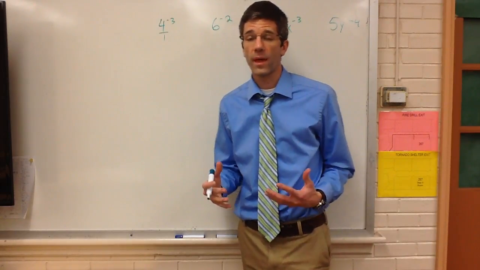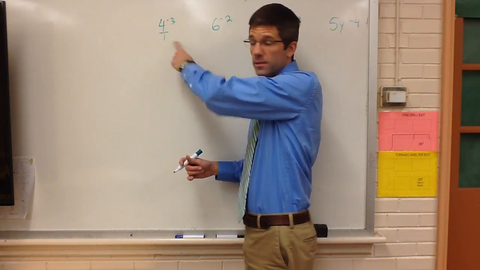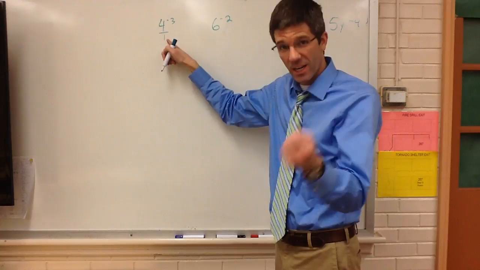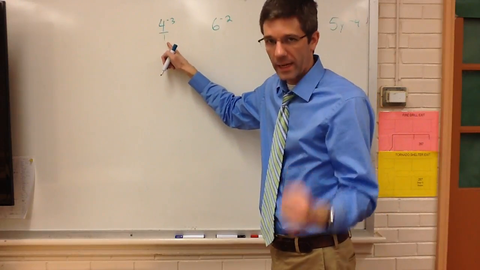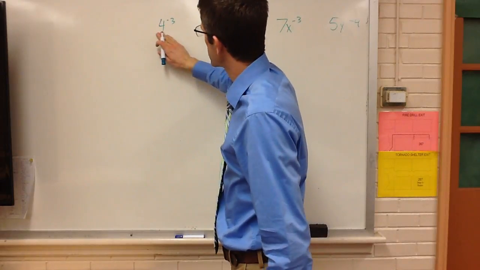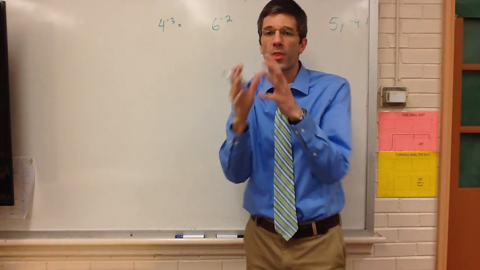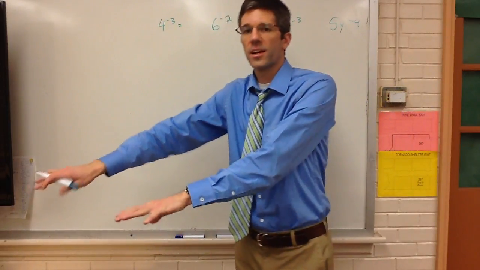You don't have to put that, but that's just my way of saying there's a basement waiting. This is the denominator, and it's waiting. So let's erase that whole fraction thing. I'm going to send 4 to the third to the denominator.